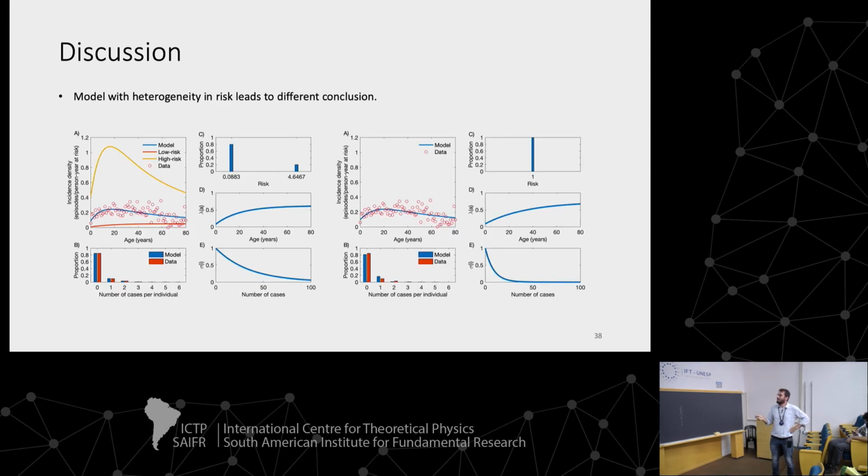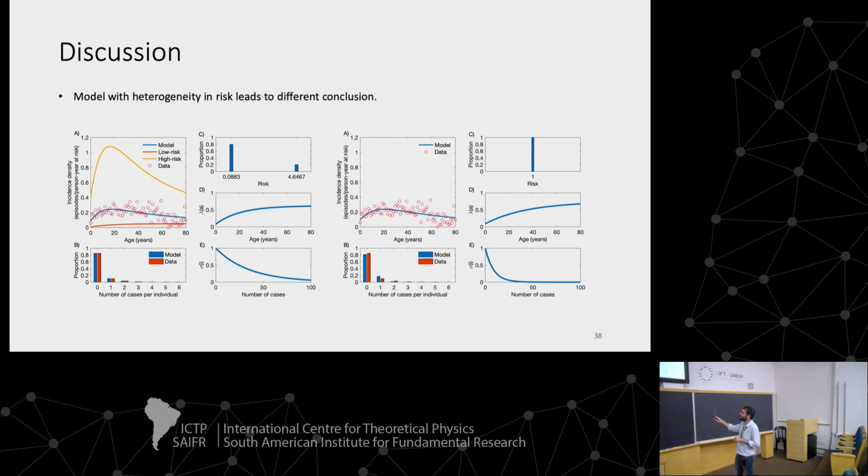First of all, if we do not consider risk heterogeneity in our model, we have different conclusions. Let's take a look at the partial immunity that we found.